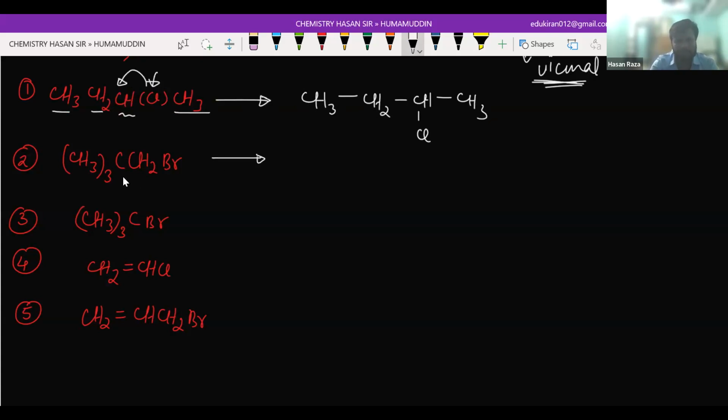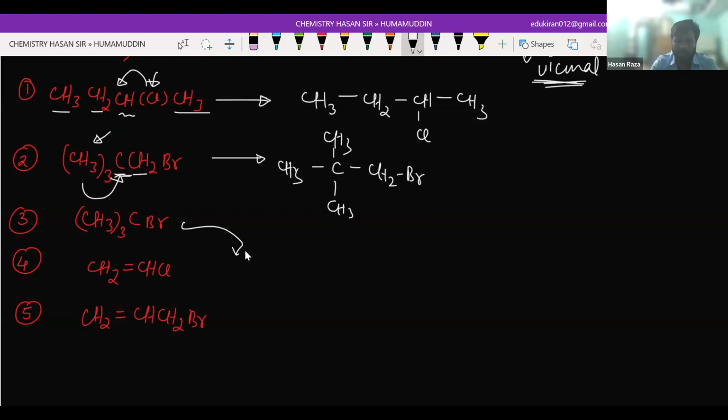Now again you can see there is C and this is CH3 whole thrice. That means all three CH3 are with this carbon. So I'm going to write that this carbon is attached with 3 CH3, and after this carbon there is CH2 and then Br as well.